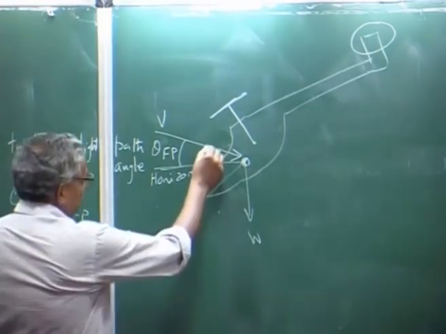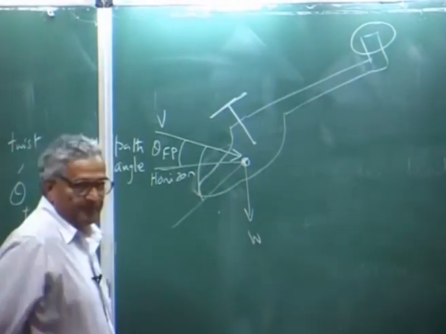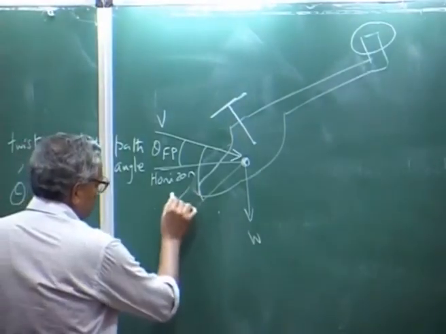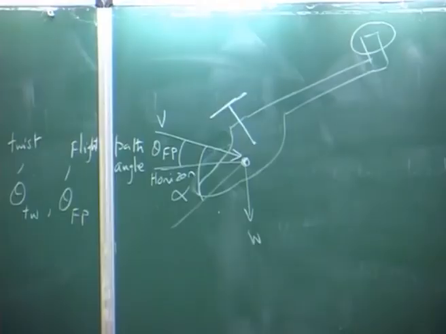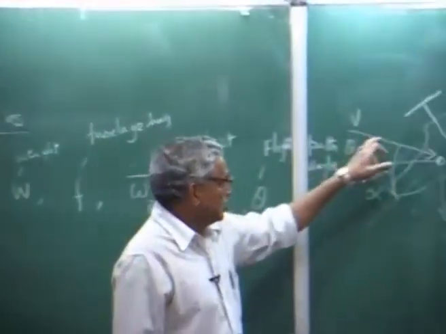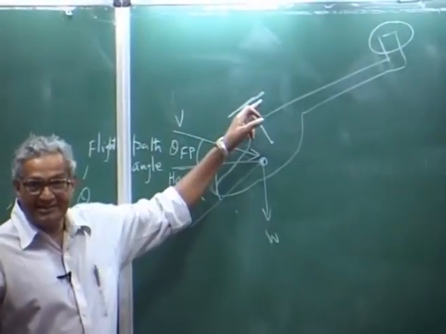And this angle I call alpha. That is the angle, because this is what is required. This alpha comes here, because we need cosine alpha in the hub.